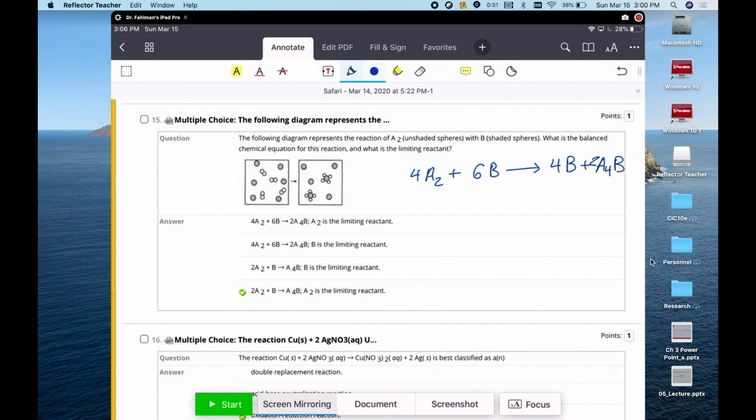We have 2 of those formed. Okay, so since we've got B's left over, the A2 has to be the limiting reagent.